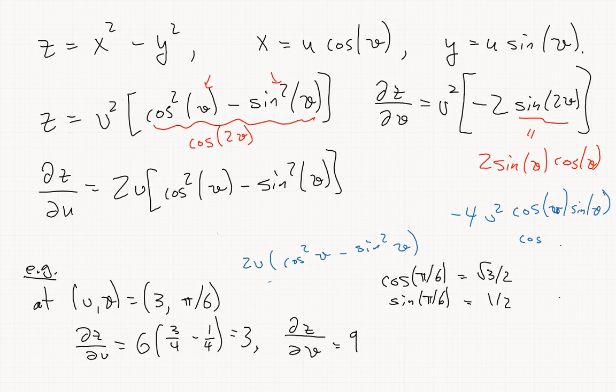So negative 4u squared. Let's do it this way. So negative 4 times 9 times cos of pi over 6 times sine of pi over 6, times root 3 over 4, and so this will be negative 9 root 3.